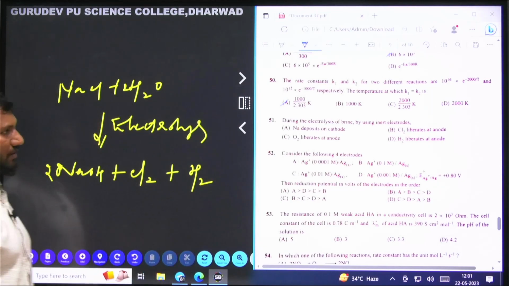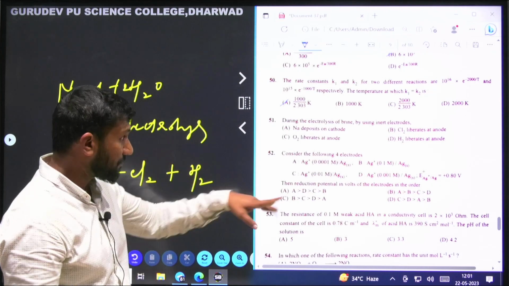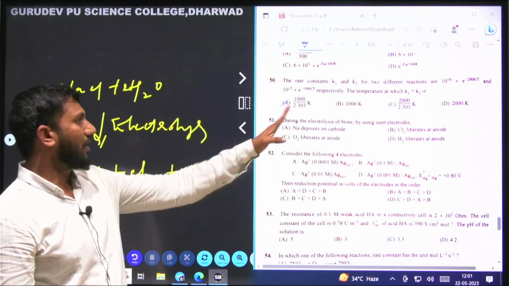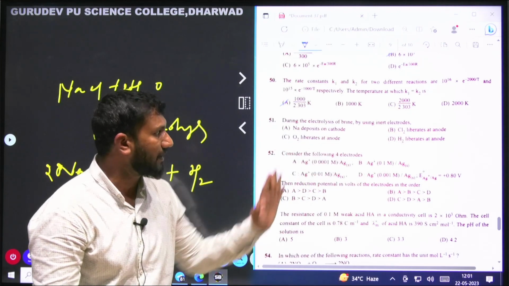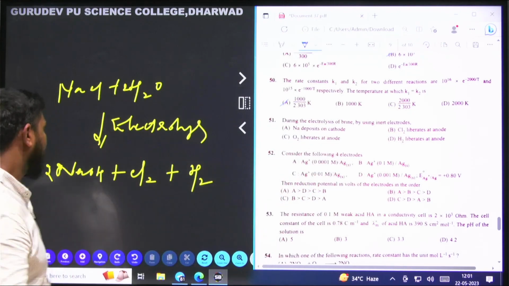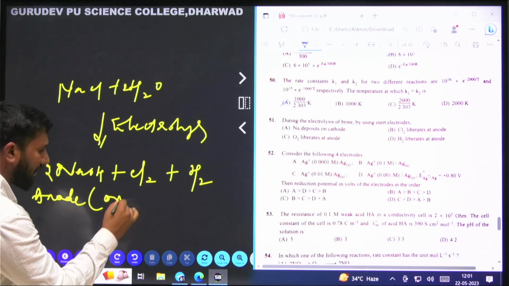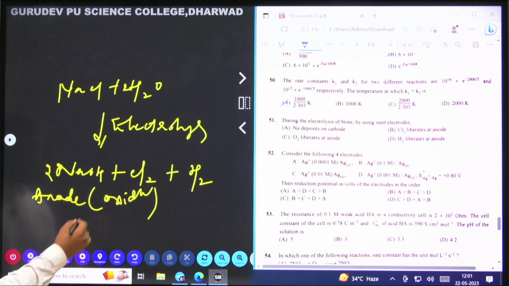Okay, so the question asks about the gas liberated. Sodium deposits on the cathode, chlorine is liberated at the anode. At the anode, we know oxidation always occurs.